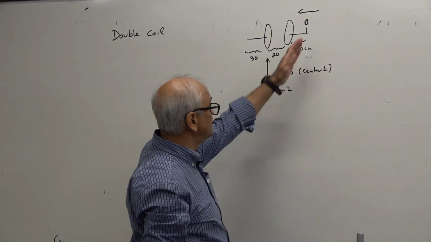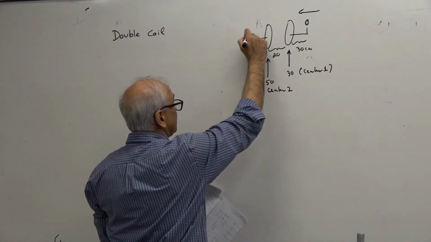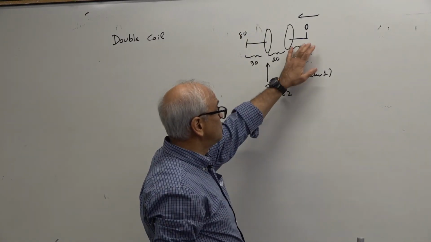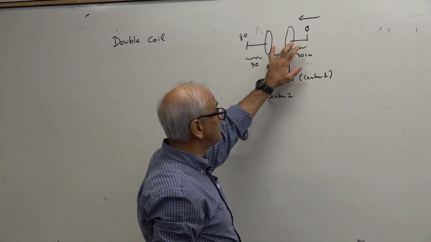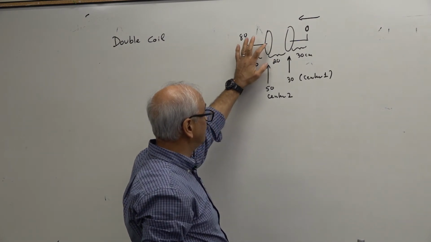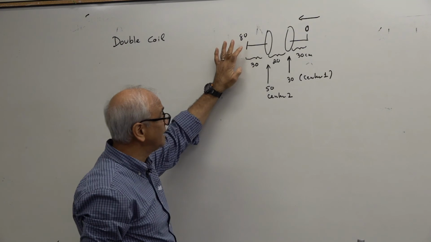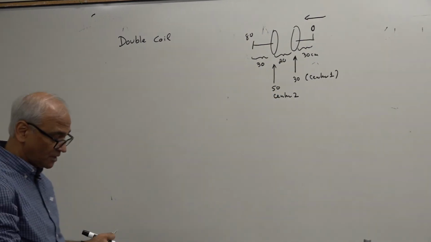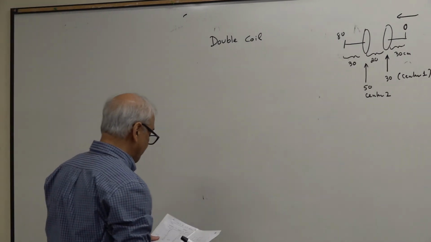So I'll start with 0, and I'll end up at 80. Make sense? So 0, 30 centimeter, center of 1, then go through that 20, and then go again. The 50 would be center of 2, and then 80 centimeter I'll end. Make sure that in your graph you make these distinctions.